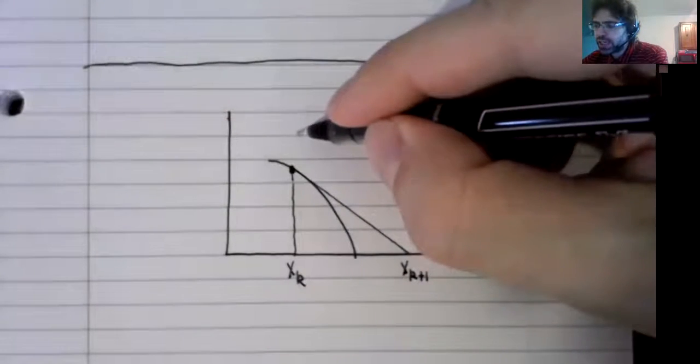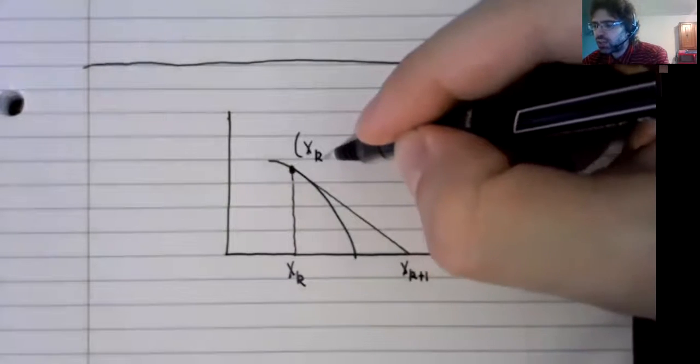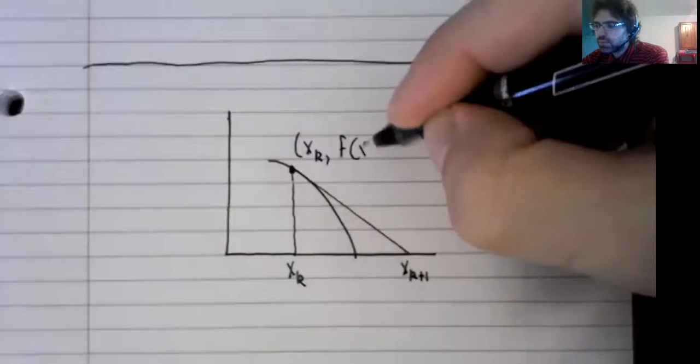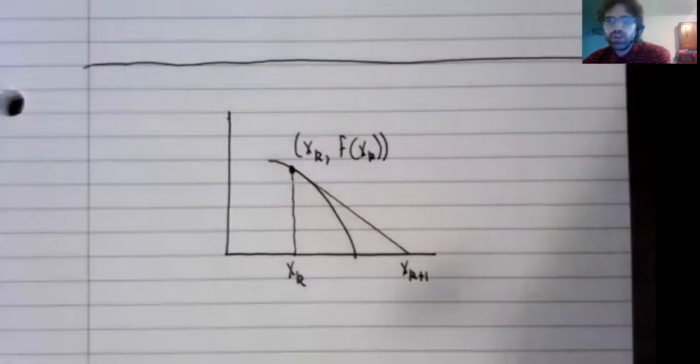Well, let's work it out. This is the point x sub k, comma f of x sub k.